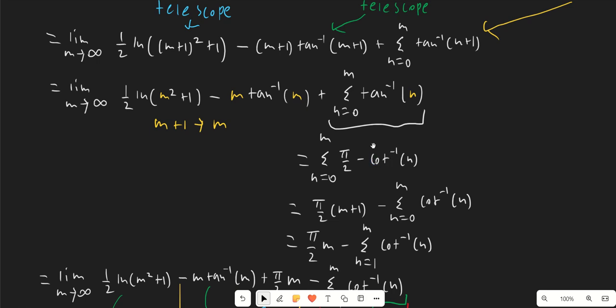And that's just because cotangent inverse of n is going to be a little bit easier to deal with because we can express it as a power series as long as n is greater than or equal to 1. So then summing up pi over 2 from n equals 0 to m is just pi over 2 times (m plus 1). And then the first term of this series is also pi over 2, so we can just write this as pi over 2 m, and then this sum from n equals 1 to m of cotangent inverse of n.